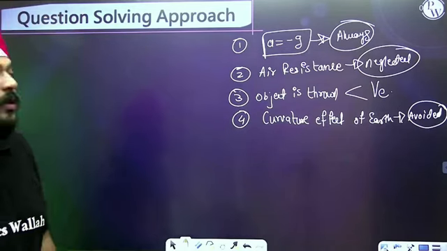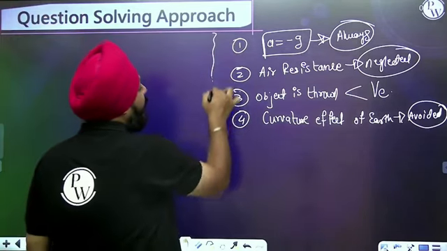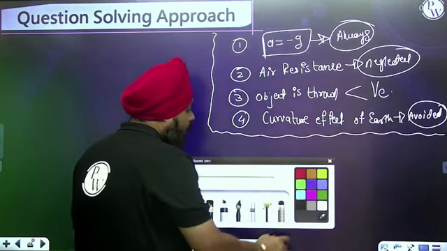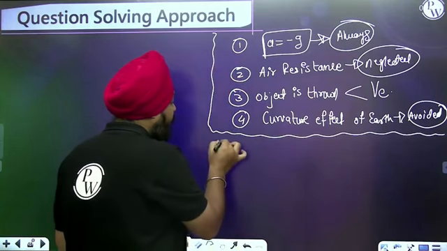Now, this was the first most important part regarding motion under gravity. The next most important point we are going to deal with is sign conventions.